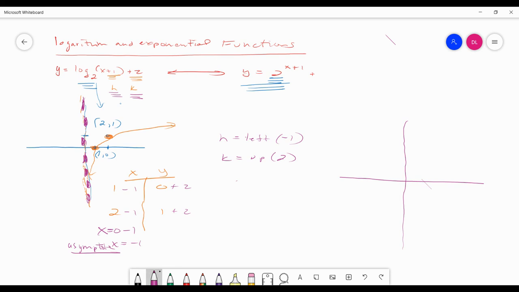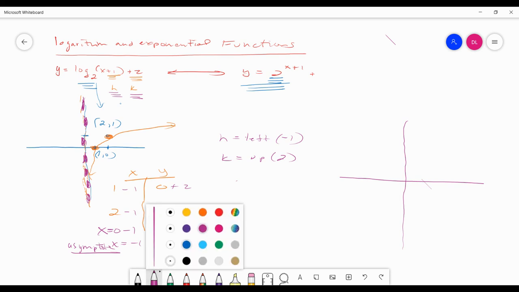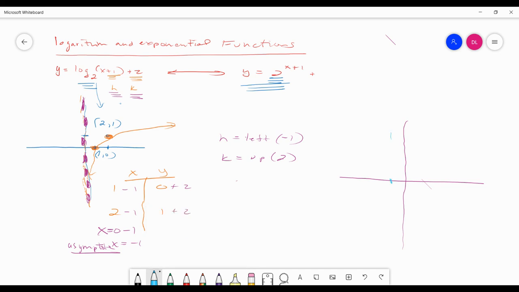So my new graph looks like this. We have our asymptote at x equals negative 1. We have our new point at 0 and 2. So 0 and 2. And we have our other new point at 1 and 3, because 2 minus 1 here is 1, and 1 plus 2 equals 3.